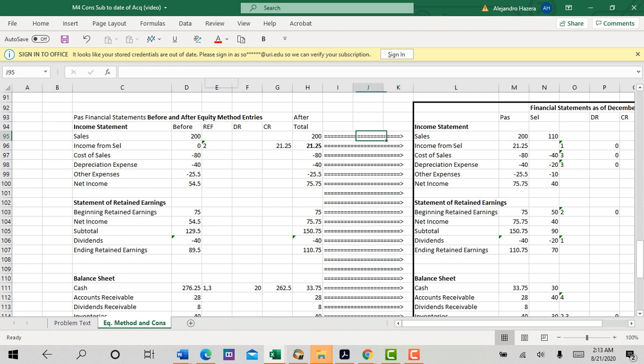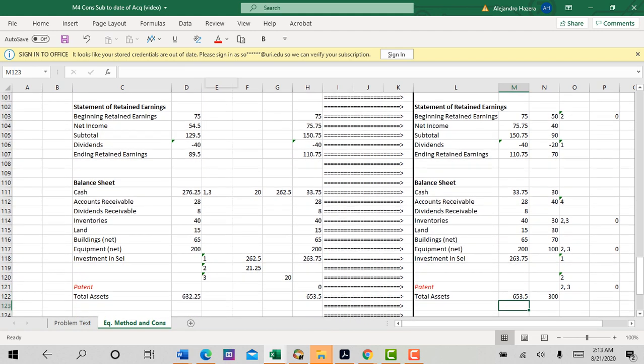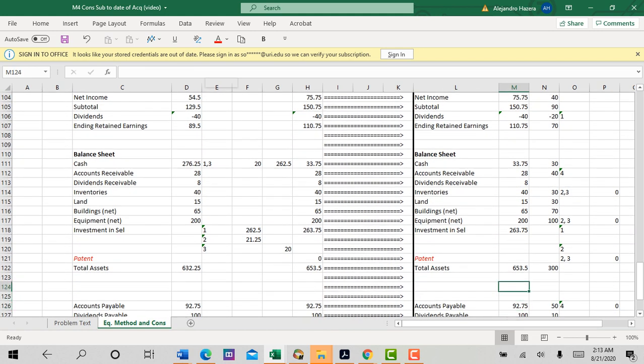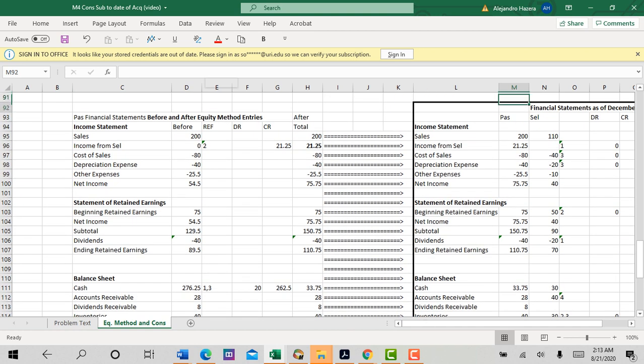Those are the statements that I have moved over here. Notice that the big equity method items are the income from sub and the investment account. It was originally 0 here, and came to 263.75 over here. So these statements after the equity method are the same as these over here.